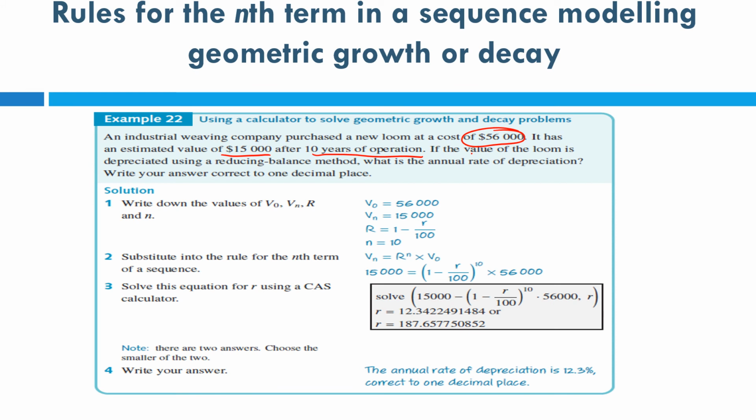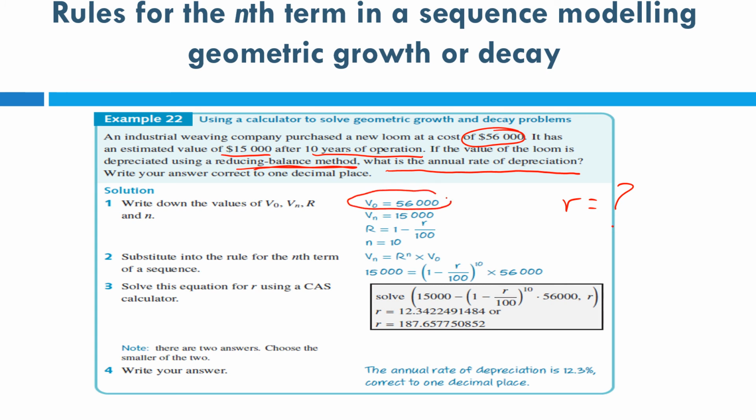If the value of the loom is depreciated using reducing balance method, so when you see reducing balance method, write the formula down, and then you'll know what to do. And it just says, what is the annual rate of depreciation? What am I trying to find here? I'm trying to find r, because they want little r, because we need a percentage here.